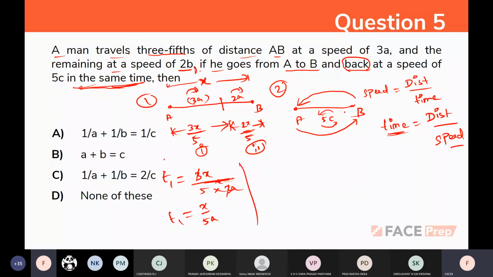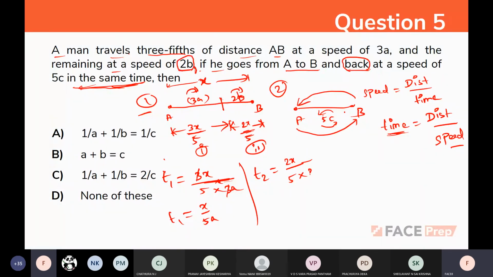So second part, first case, second part. Time is t2, which is equal to distance 2x divided by 5, and speed, what is the speed? The speed is b. Here they are given 2b, speed is 2b.